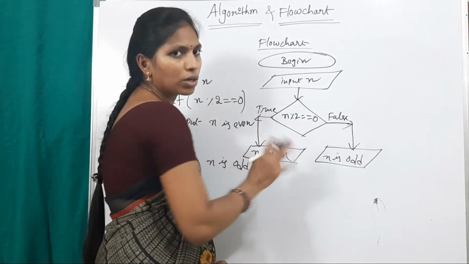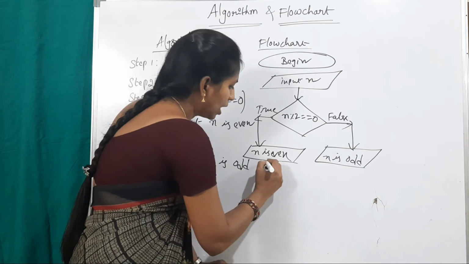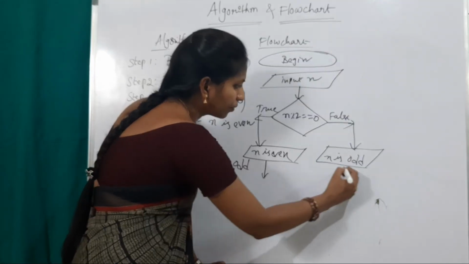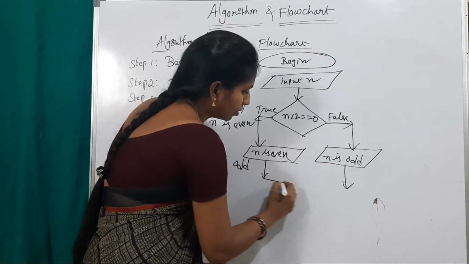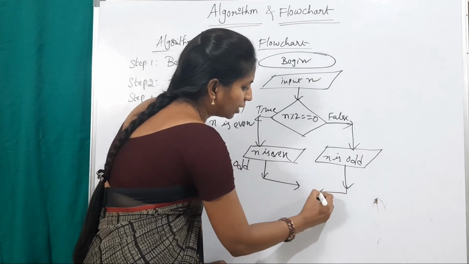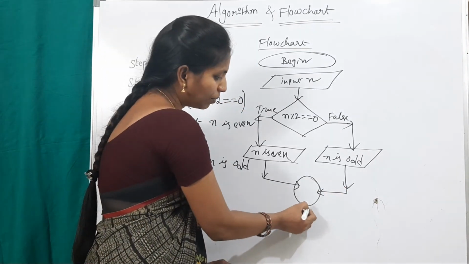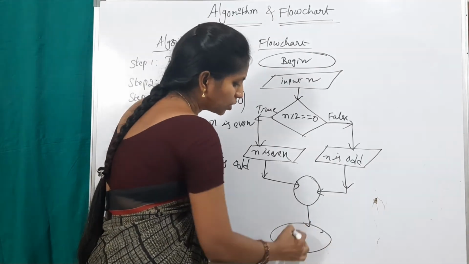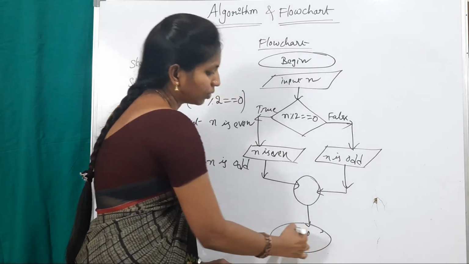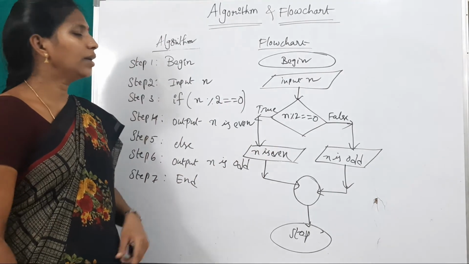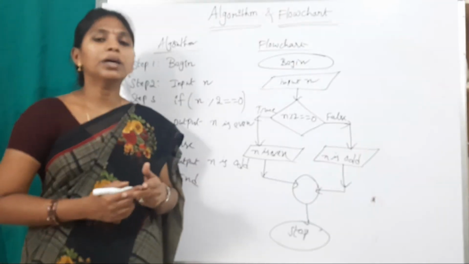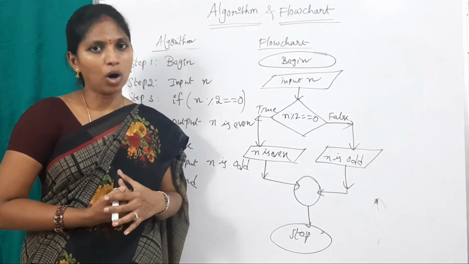Either true or false, not both. After this, to connect these two, there is a connector. From this connector, finally stop. Okay, this is the flow chart related to whether the given number is even or odd.